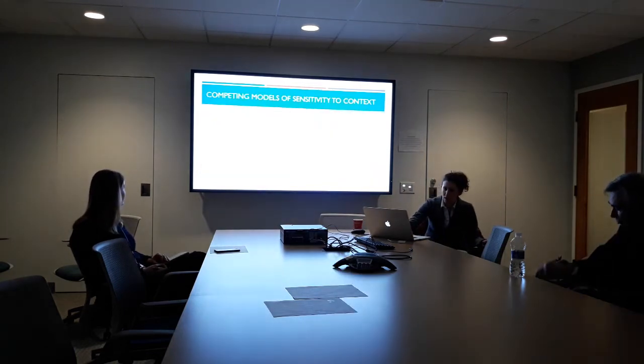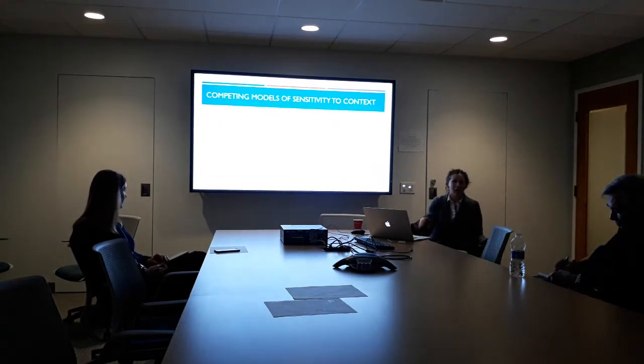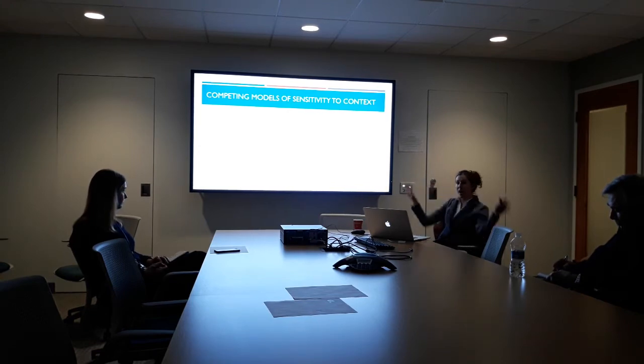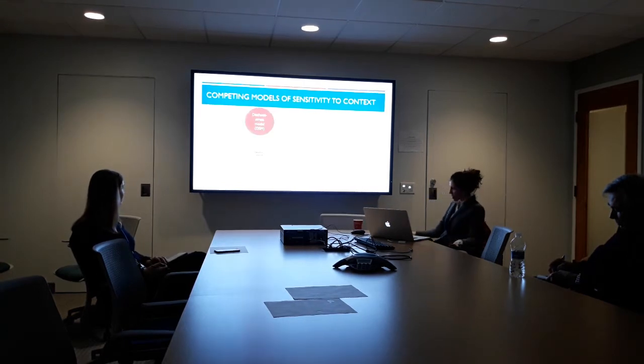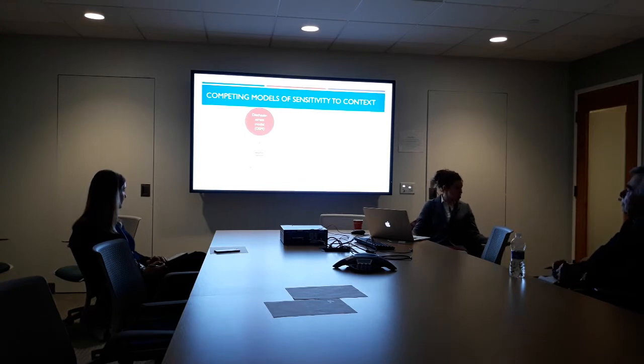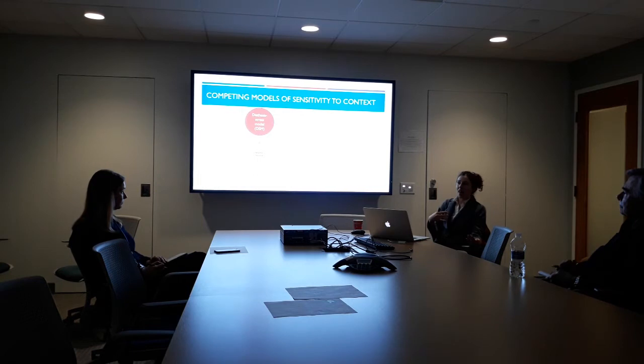And there are two competing models within biological sensitivity to context. The first is the Diathesis-Stress Model. The Diathesis-Stress Model essentially suggests that people have individual vulnerabilities, and that when these individuals are exposed to contextual hardships or challenges, we see significant dips in functioning.